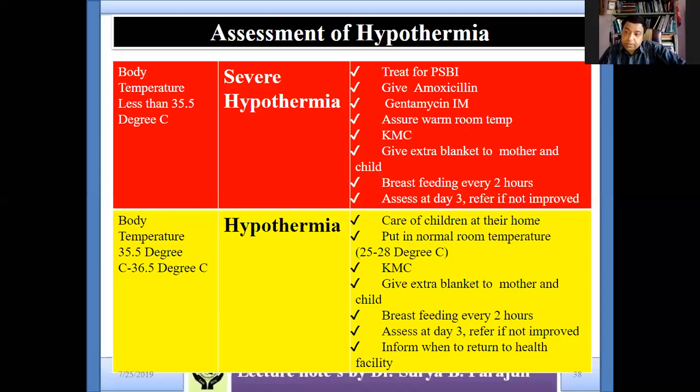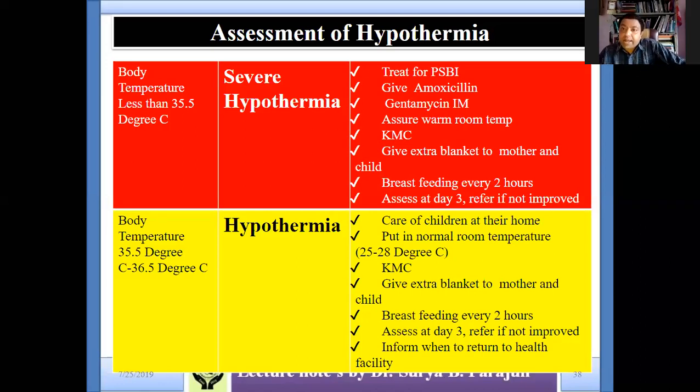Then only hypothermia, yellow zone: body temperature 35.5 to 36.5 degrees centigrade. Then you can consider them under hypothermia. Okay. You need to care for children at their home. Put in normal room temperature, that means 25 to 28 degrees centigrade. Definitely ask for KMC, kangaroo mother care.